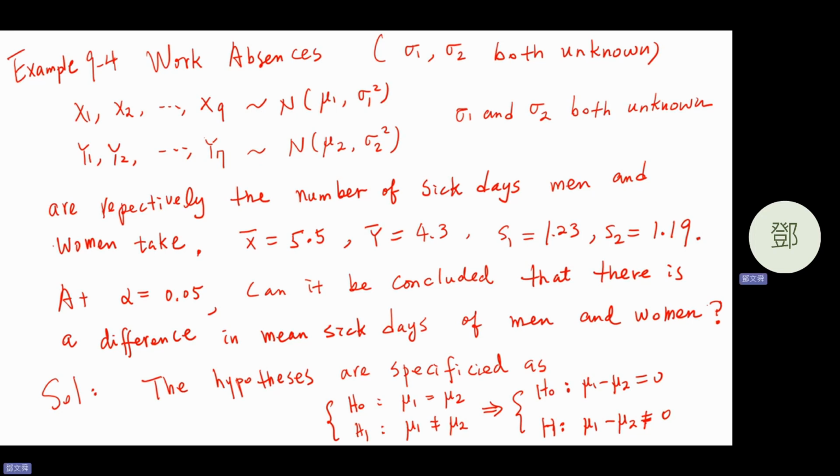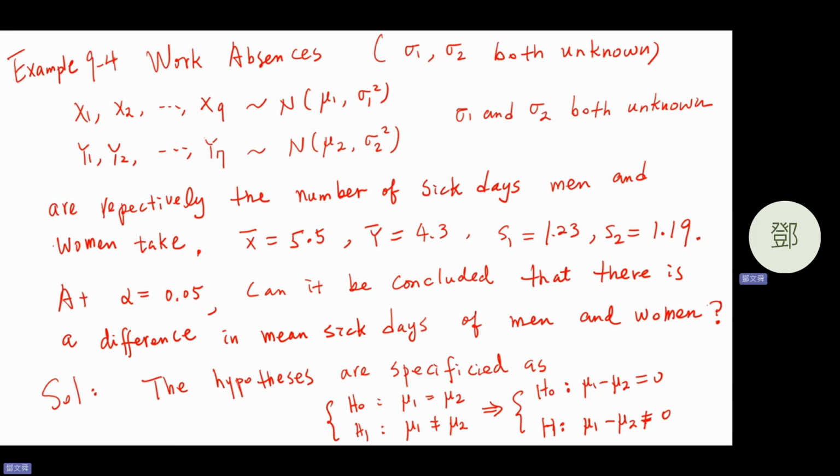We first convert the hypothesis setting into mu1 minus mu2 equals 0 or not 0. If we wanted to compare mu1 and mu2, we can first calculate x bar and y bar, because by the law of large numbers, mu1 will be very close to x bar, and mu2 very close to y bar, if n1 and n2 are large enough.